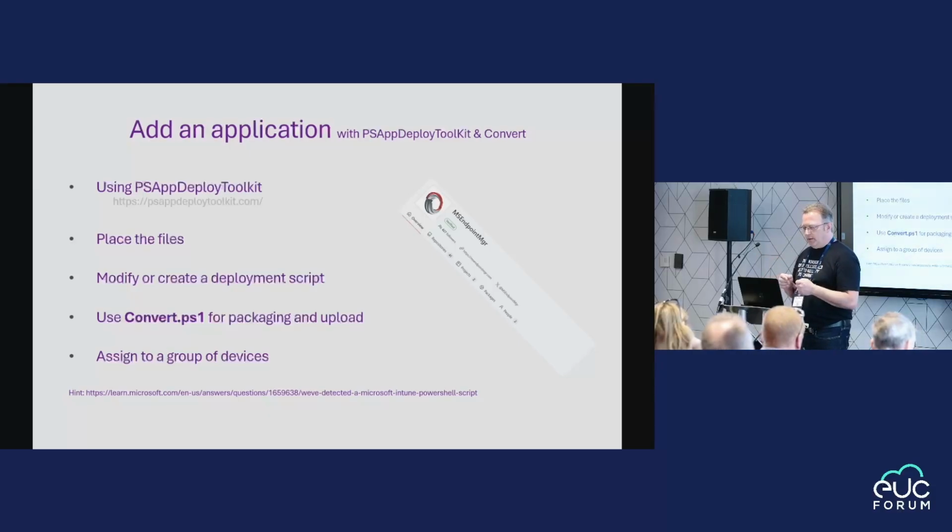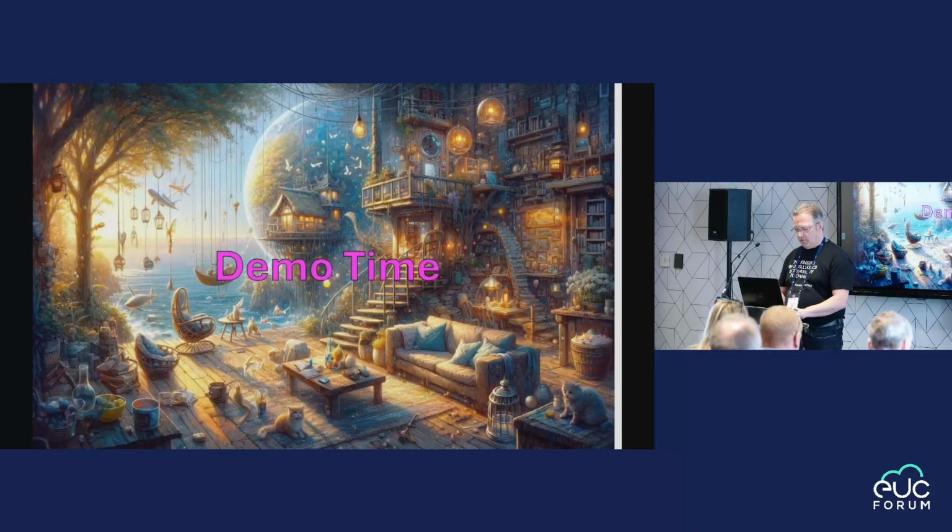I built a nice PowerShell script called convert.ps1 that enumerates a folder structure in my environment, automatically generates this Intune Win file if some modifications are detected, and then uploads the package to Intune, using the already set parameters like vendor name and version in the Intune configuration. That makes it a bit easier, and let me show how that works.